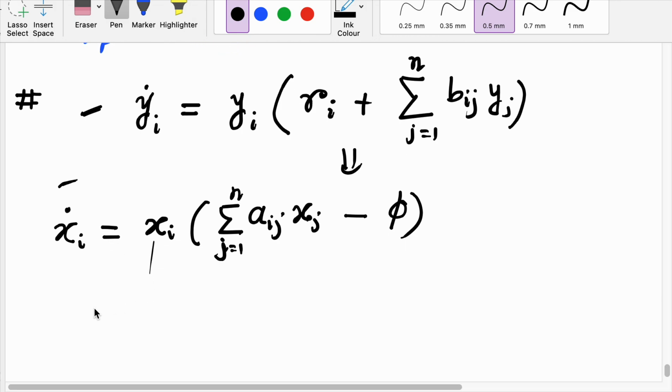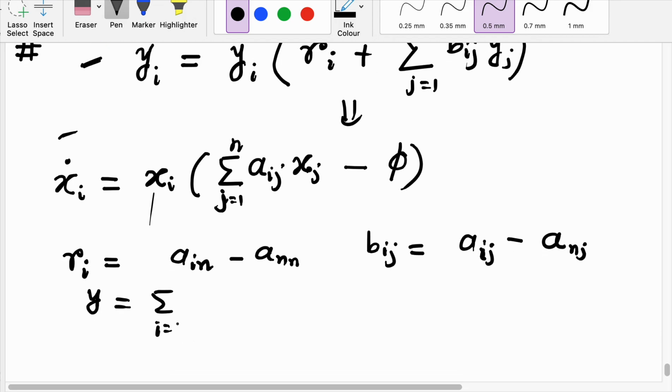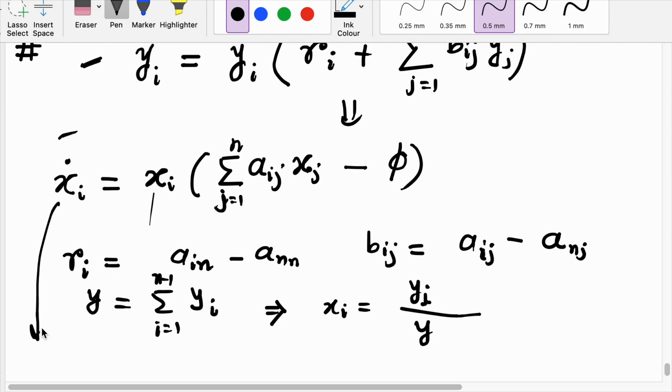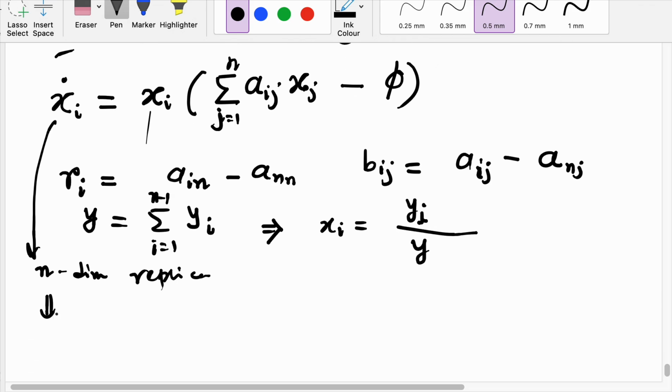It says, if I do this transformation, if I write Ri equal to a in minus a nn, and bij equal to aij minus anj, and if we assume y equal to summation of i equal to 1 to n minus 1 yi, and if we replace our xi with yi by y, you will find that you will always convert the n dimensional replicator equation with this transformation to an n minus 1 dimensional Volterra equation.